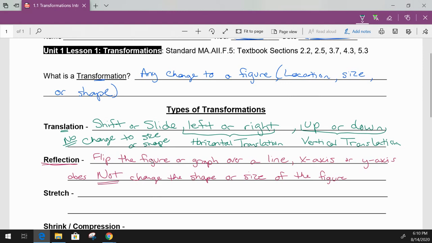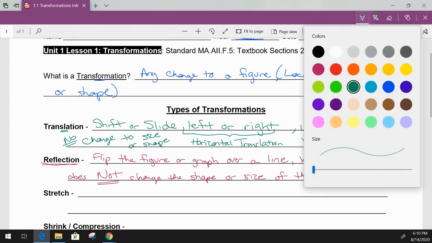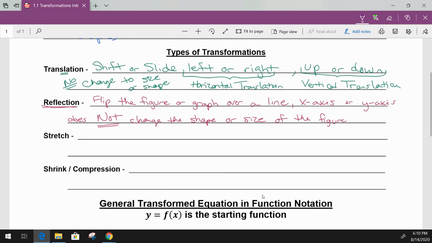Now, when we get to the stretches and the shrinks or compressions, now you will see some movement or change to the shape. So a stretch is basically when the figure or the graph gets pulled, so the points pull away from the axis.